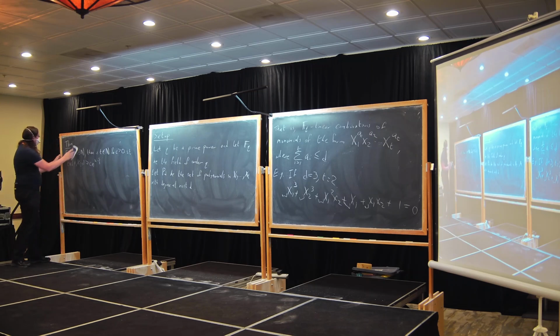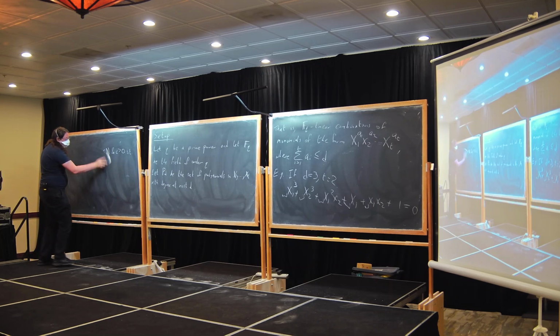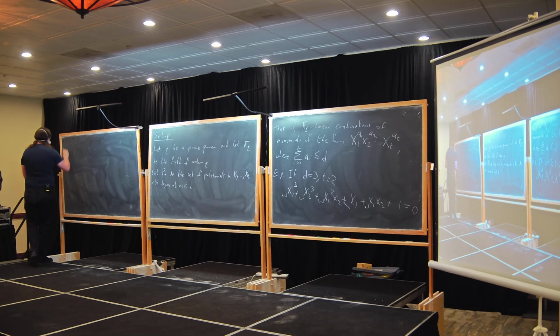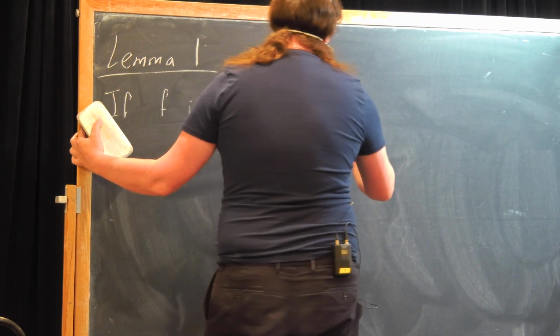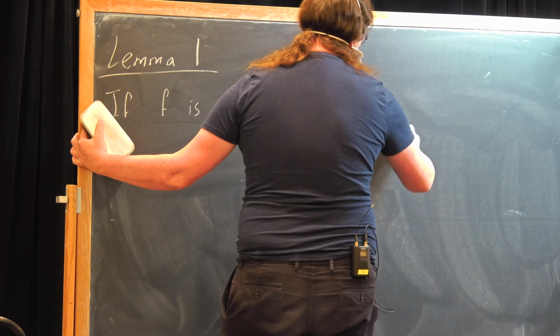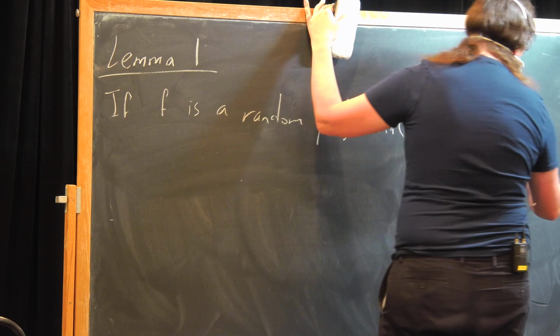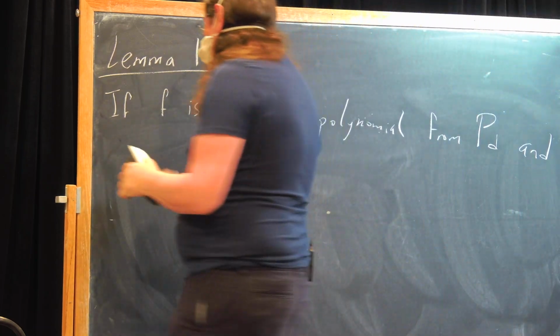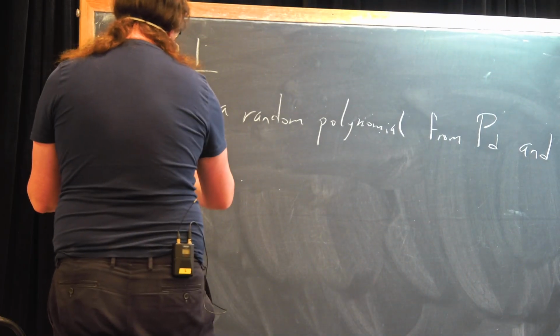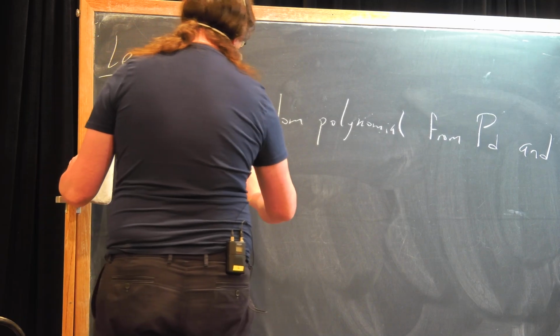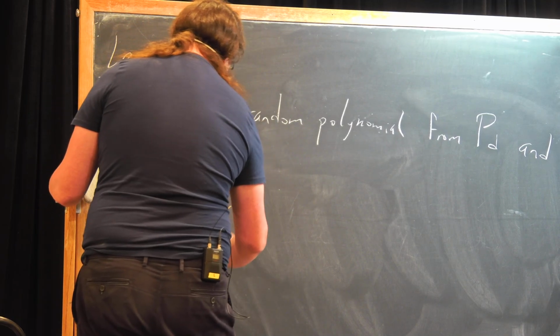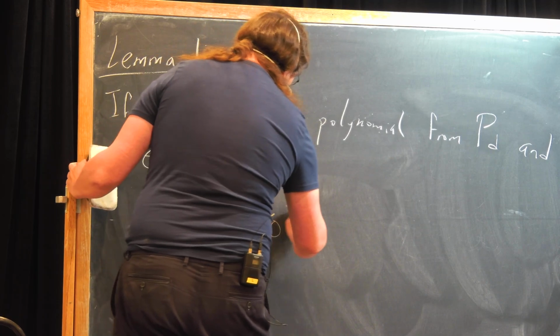So what we'll call Lemma 1 is: if f is a random polynomial from this P_d, so random of degree d, and x is just some fixed element of F_q to the t, then the probability that f(x) is equal to 0 is just 1 over q.